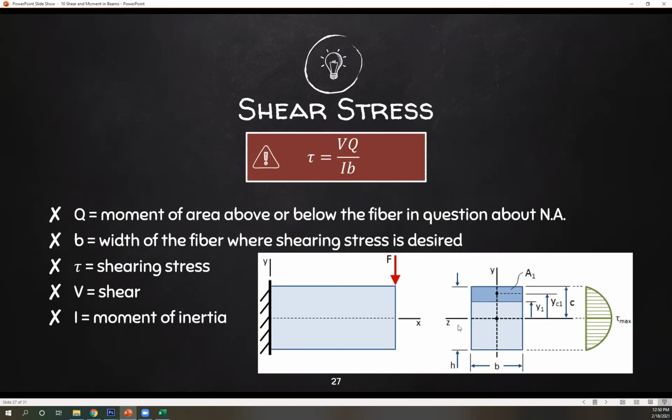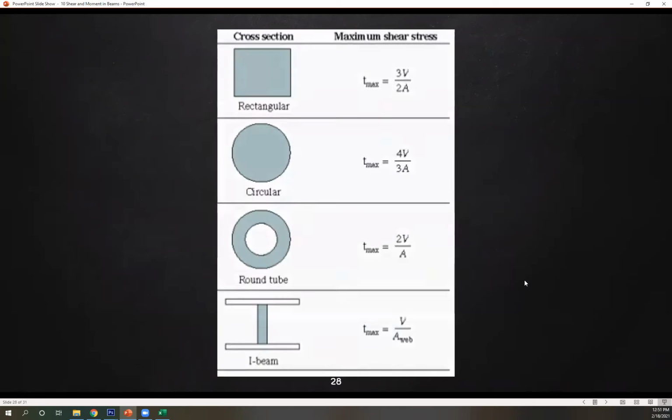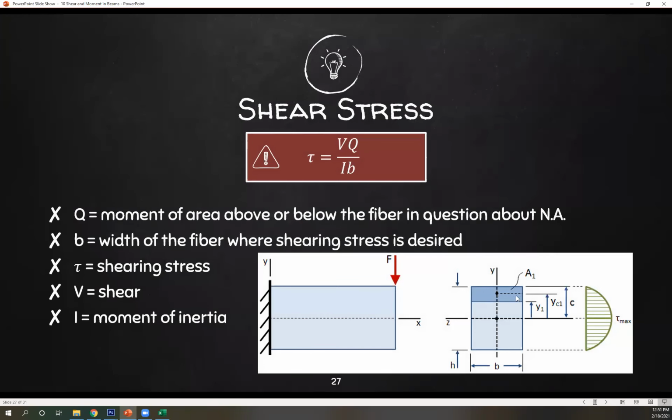So for example, my fiber in question is this. Moment of area above or below. Now choose which is easier to get about your NA. Obviously, the area above. So this is my area above.